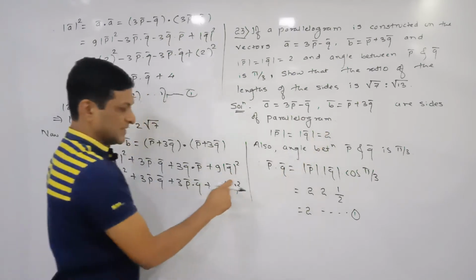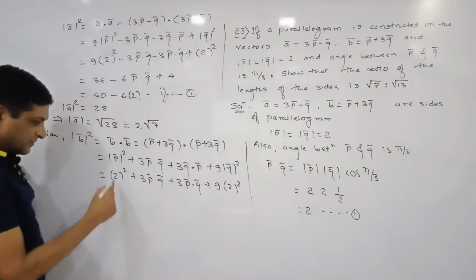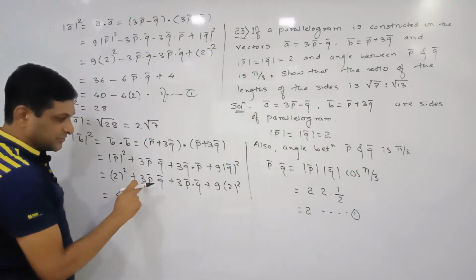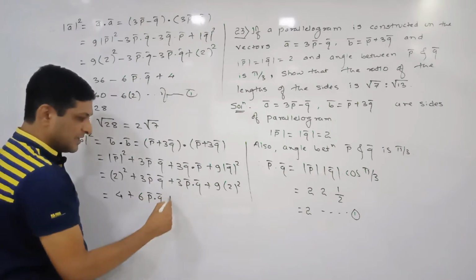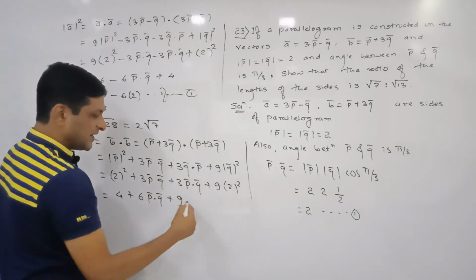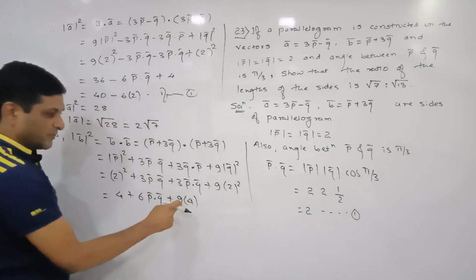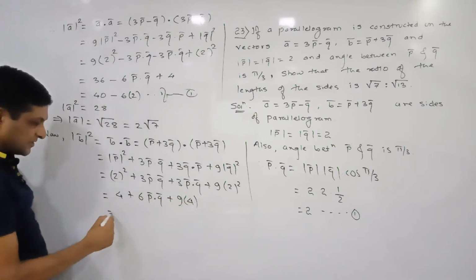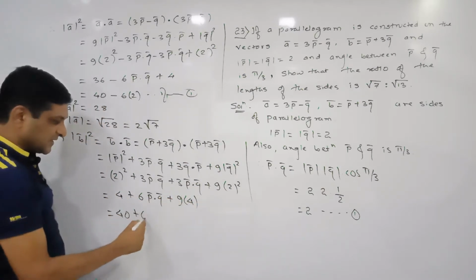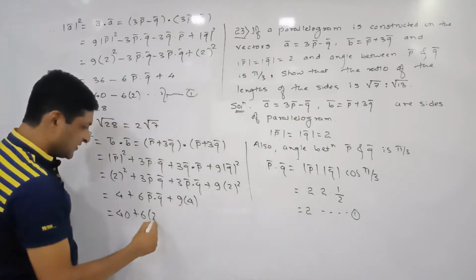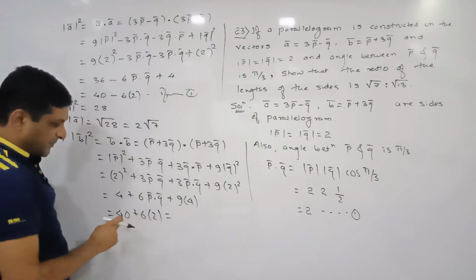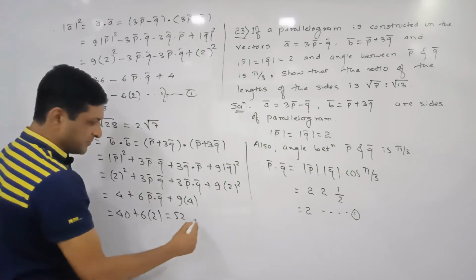It is given to us. The remaining part is calculation part. Here we'll get 4, and here 3 plus 3 means 6 p bar dot q bar plus 9, what is square of 2? 4. So 4 into 9 is 36, 36 plus 4 is 40, plus 6, p bar dot q bar is equal to how much? 2. So it is equal to 12 plus 40, which is 52.